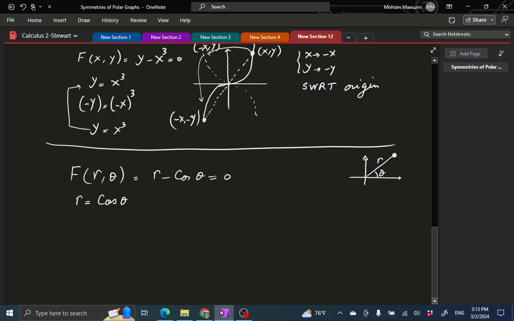Without graphing, can we tell what kind of symmetry it might have? To understand this, we need to go back and be sure about our understanding of polar coordinates. Polar coordinates are a little bit fussier than Cartesian because a point has many representations. You remember we went through that issue last time.